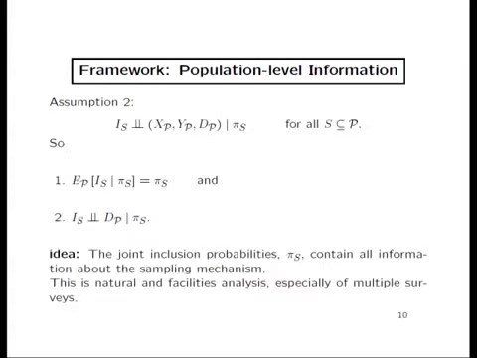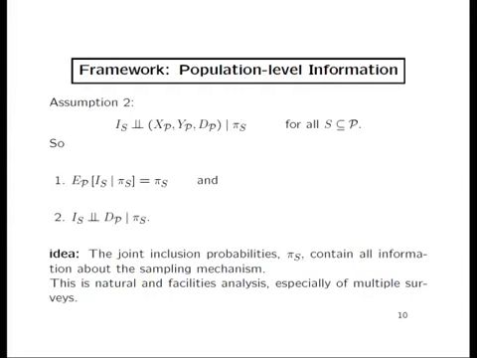We make another assumption here, which I won't dwell on, but it's important: the inclusion indicators are conditionally independent of all of these variables given pi_S. The implication of this is that the conditional expectation of inclusion in the sample given these is just equal to the value themselves, and we have the conditional independence of inclusion in the sample and the design variables given pi_S.